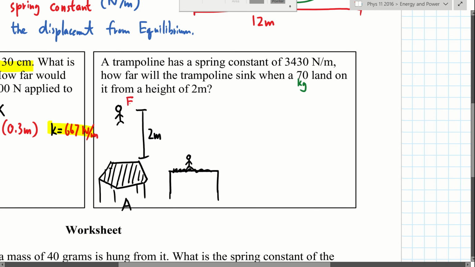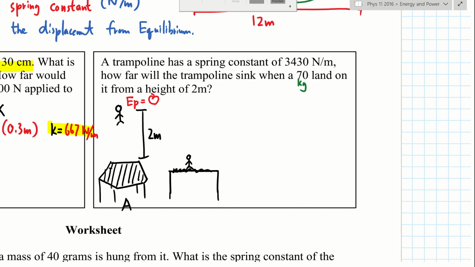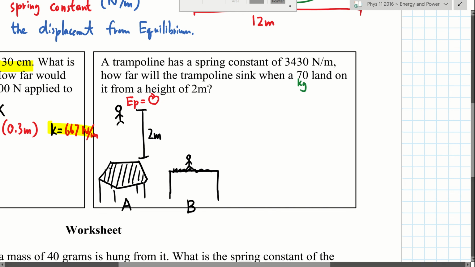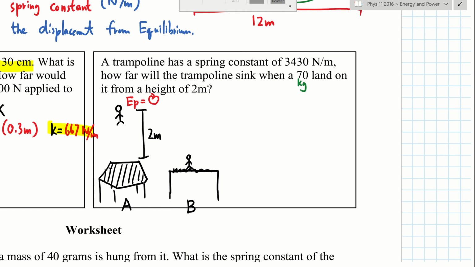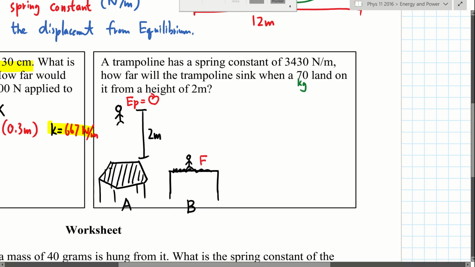So let's say at position A, you have a certain amount of potential energy. Let's say that certain amount is this apple. Once you jump down and you're on the surface of the trampoline, how much kinetic energy are you going to have at that time?